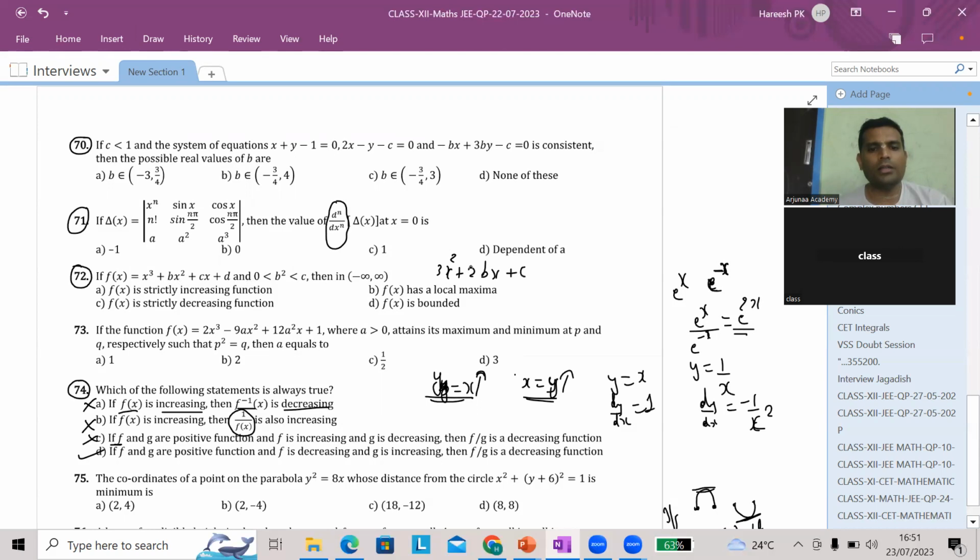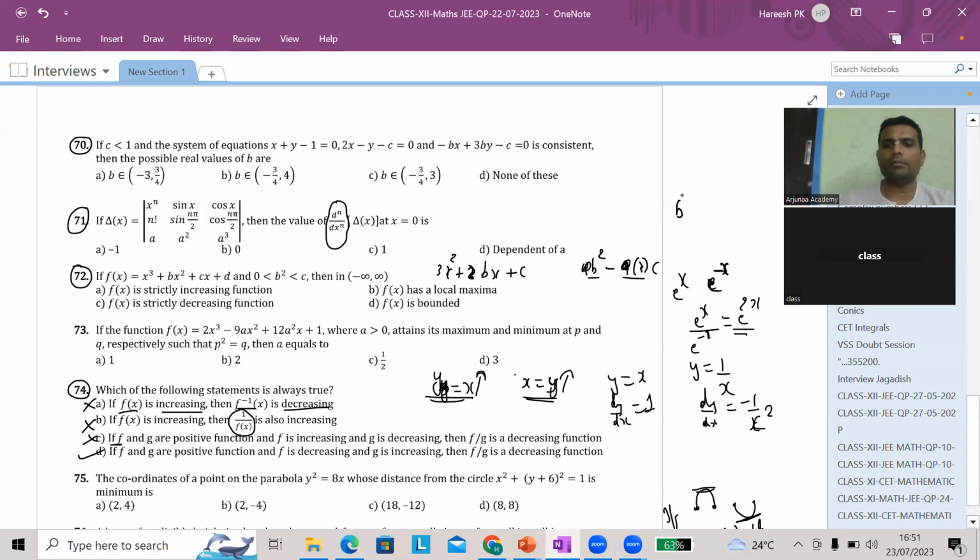Now calculate this determinant. What is the determinant of this? 4b square minus 4 into 3 into c. So I'll pull out 4 common, so I'll have b square minus 3c.